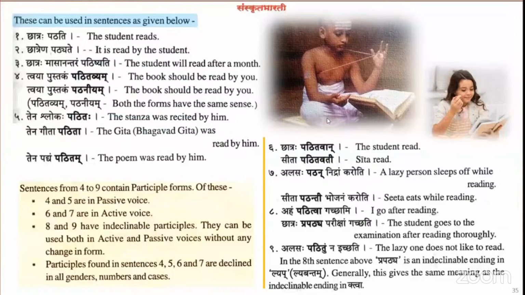They can be used both in active and passive voices without any change in form. What do you understand? So we can use patitva for both active voice, like aham patitva gacchami, or it can be used in passive voice as well, in the same form. So you don't have to change the form to make it into a passive voice.